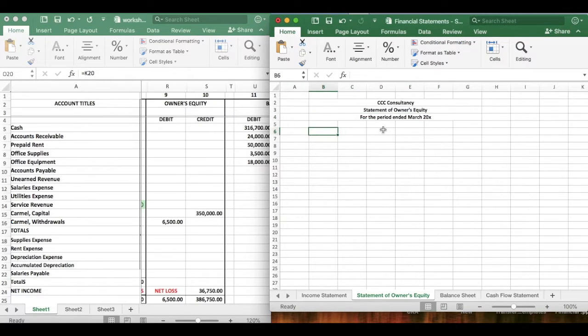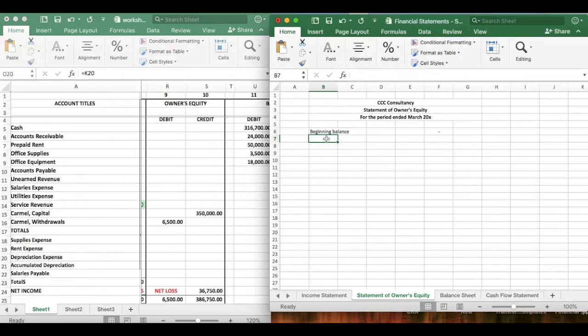So we have here now, we now present a beginning balance of the capital. Okay, there's no beginning balance because this is our first month of operations, right, of the company. So that would now be perhaps 0.